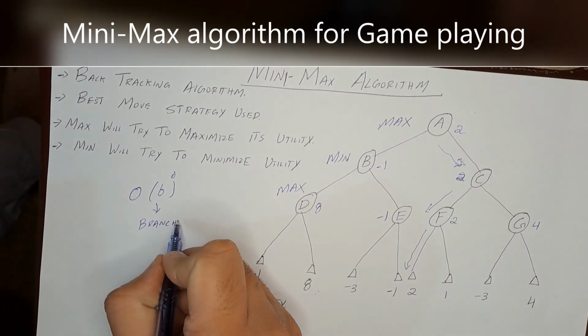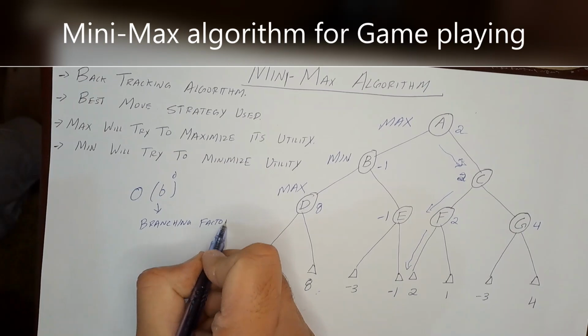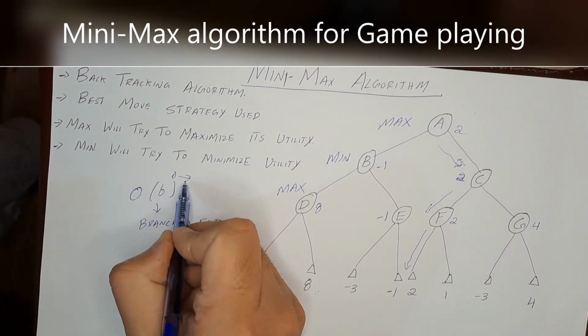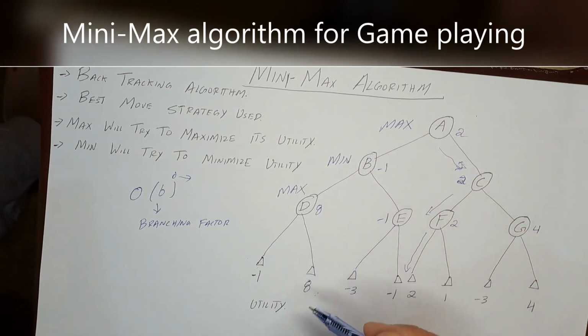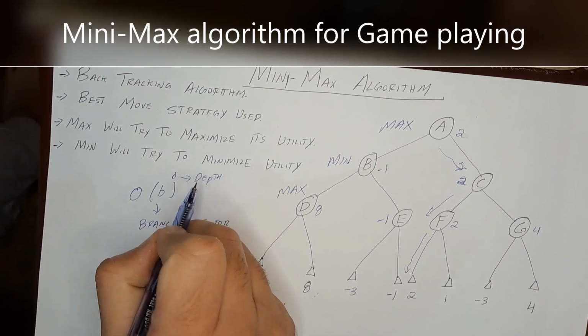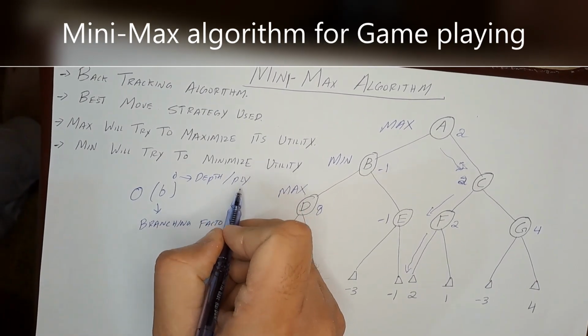Branching factor: how many branches are available, whereas d is the depth, the level: first, second, third. Depth is also called ply when it's about the minimax algorithm.